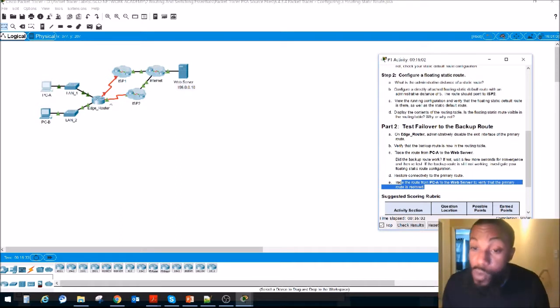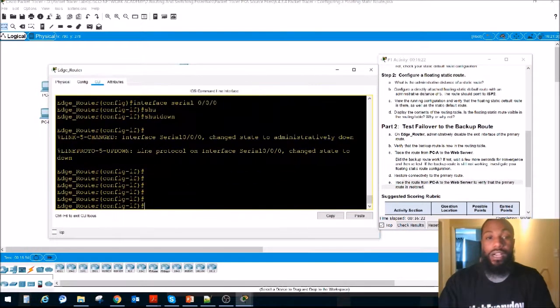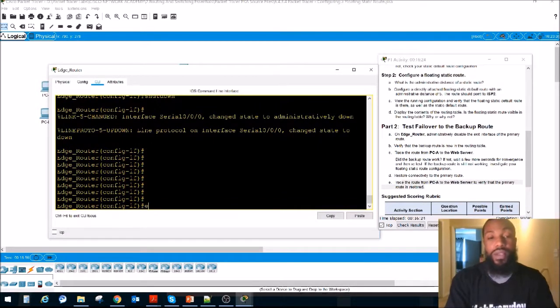If you've got 1,000,000 routes and you have to write them down, that's like writing down ways to get to your friend's house all the time when you could have just used the GPS that automatically updates with Google traffic rather than one route all the time. It's not scalable. So let's bring that interface back up and then take a look at the trace route as well as the routing table.